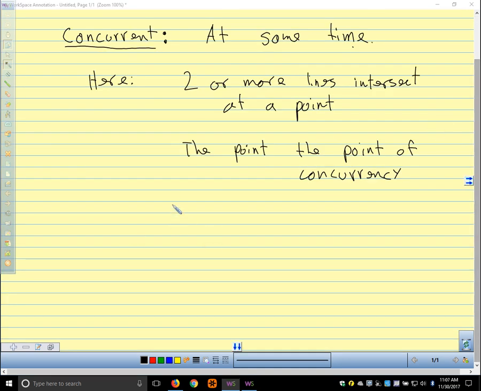So our first big idea today, these don't have any special name, so I'm just going to say these are theorems.